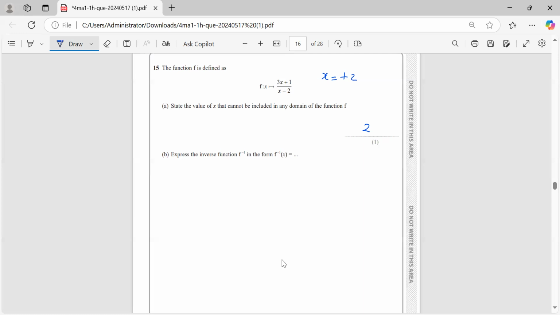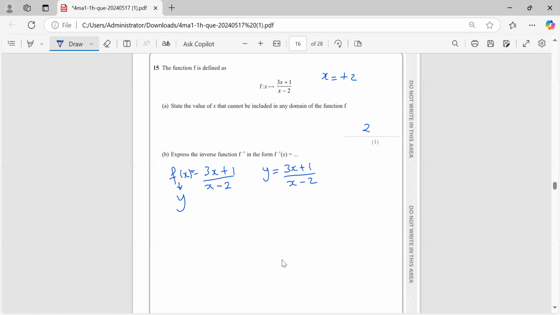So the first thing that we know is that f of x is equal to 3x plus 1 over x minus 2. So I'm going to replace this f of x with y. So I now have y is equal to 3x plus 1 over x minus 2.